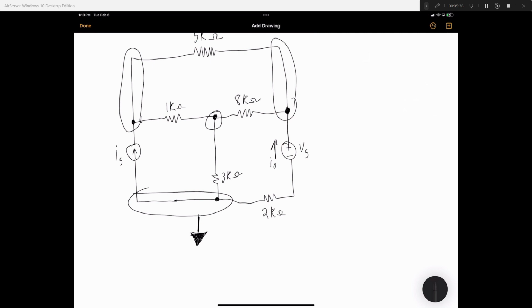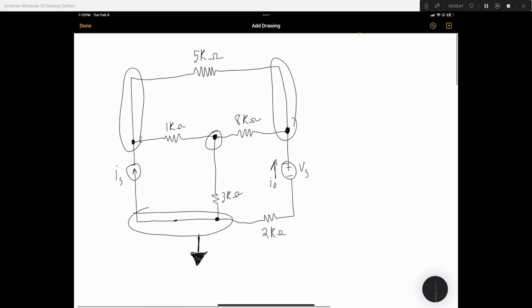Now the next part is asking you to write a KCL at one of the nodes. We'll label this one V1, V2, V3, and that's what each of these nodes will be. So for KCL, we do the currents going into the node.